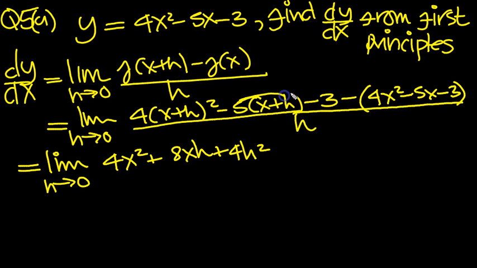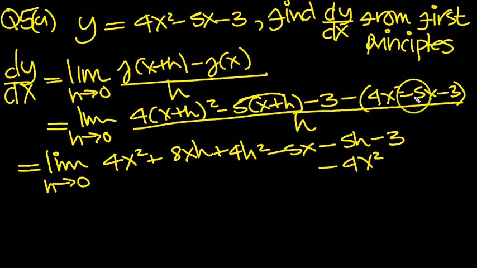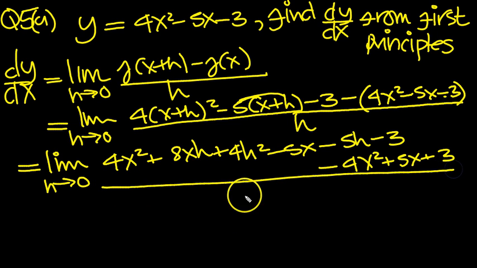Expand this bracket now, there'll be 2 lines, minus 5x, and then minus, and the plus is a minus 5h, minus 3. Then we've got to run a minus through these brackets here, so it's going to be minus 4x squared. Minus times a minus is a plus 5x, and then a minus times a minus is another plus, and that will be 3, won't it? And that will be all over h.